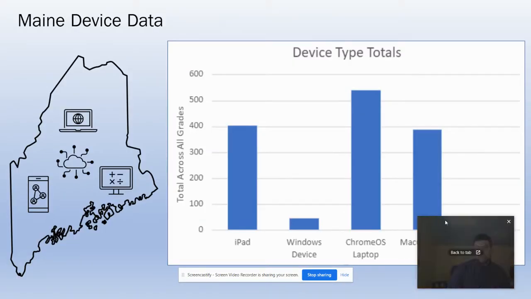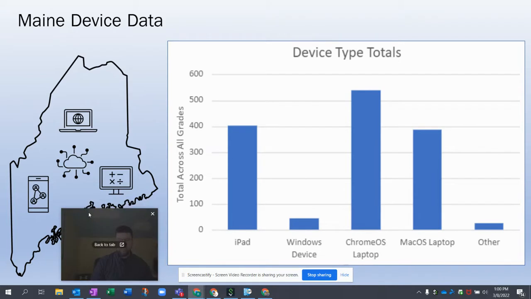All right, here's some simple data about the state, just to point out to you for Maine. What's popular in the state versus what's not. iPads are coming in at a little over 400 for all grades. Sorry, how many schools are using it? Sorry, students are using it. Windows devices are low.